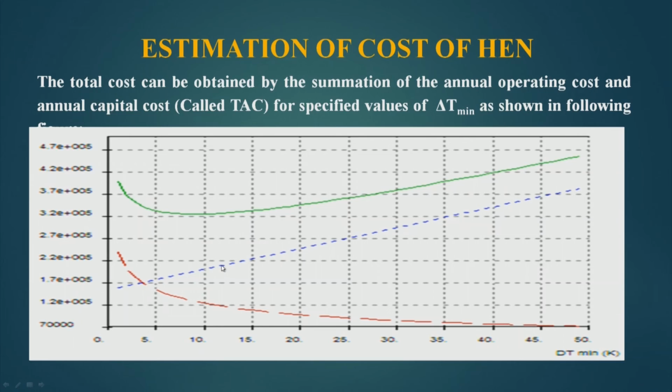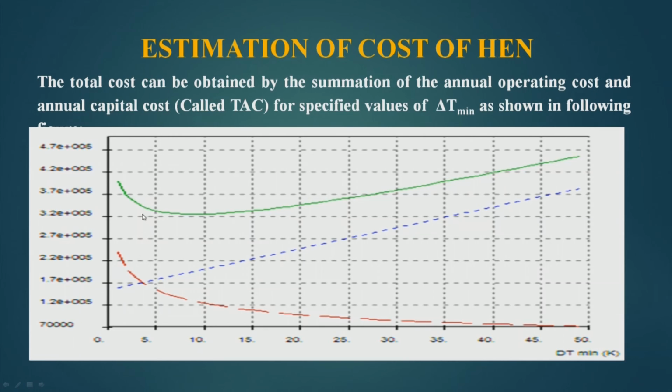This is operating cost, basically the cost of utilities, which is increasing in linear fashion. So, when delta T is increasing, this is increasing and this is decreasing. So, there are two opposite forces, one opposite to another, and hence an optimum is expected in this case.